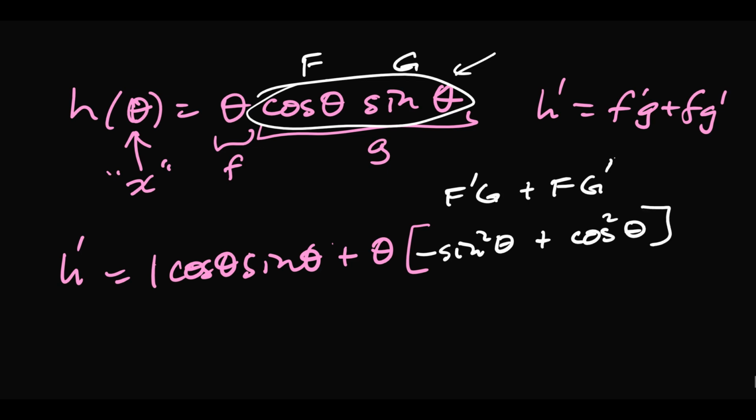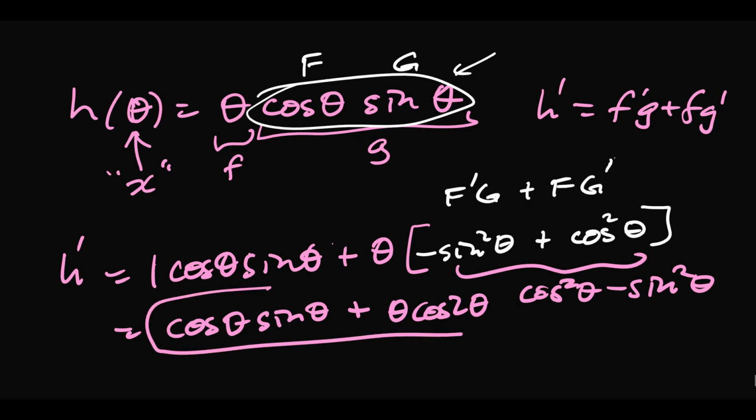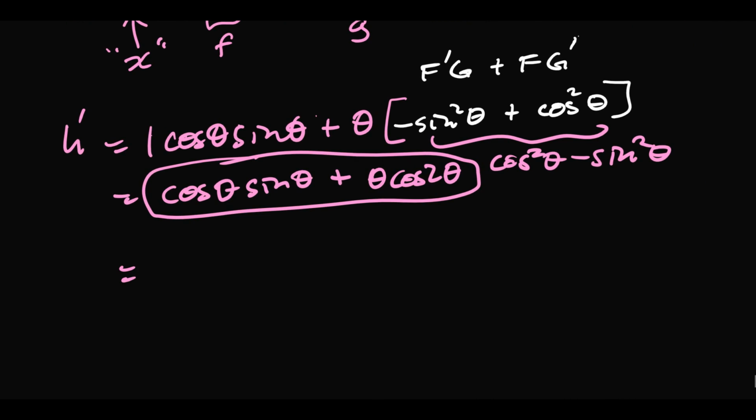So out of all this, I get cosine theta sine theta, plus, all right, now this here is cosine squared minus sine squared, which is cosine of 2 theta. So this is theta times the cosine of 2 theta. And there is the answer. Now, you can simplify this more by noticing that, remember that sine of 2 theta is 2 sine cosine.